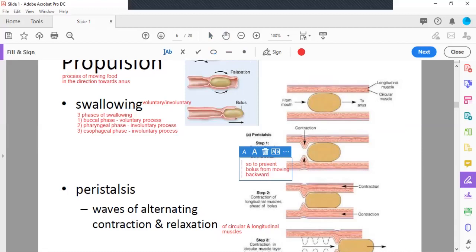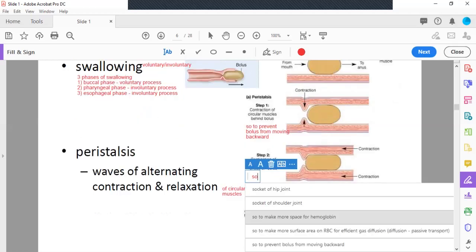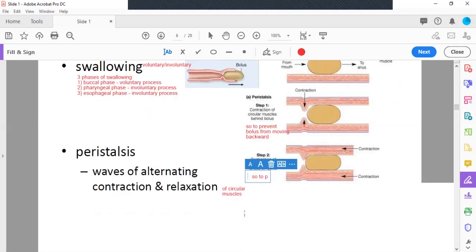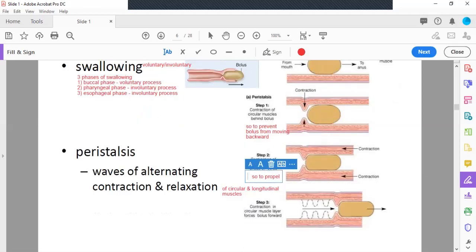Very good. Now step two, contraction of the longitudinal muscles ahead of the bolus. What that means is that it pushes the bolus forward. That's the whole purpose of this.